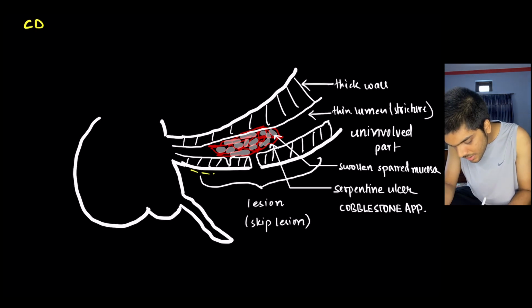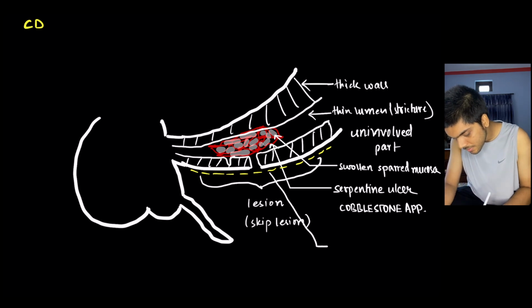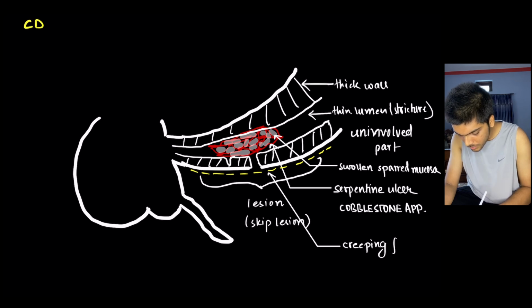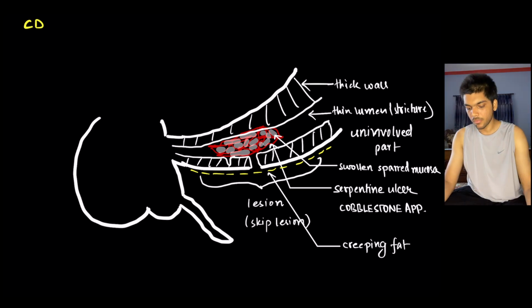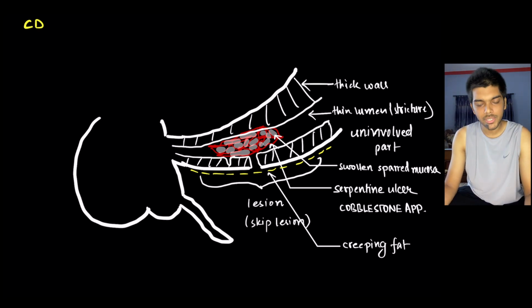And this fat is referred to as the creeping fat. And yeah, that's pretty much it for Crohn's disease.